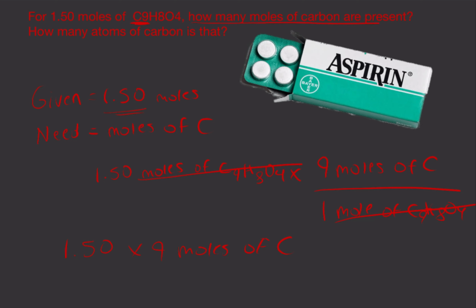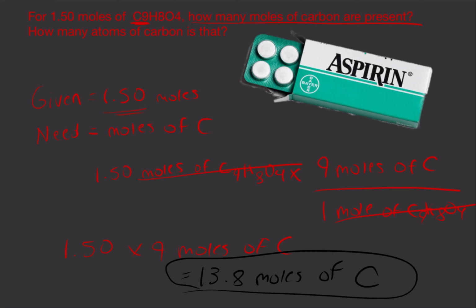How many moles of carbon are present? And that's the first part of the question. So if we were to multiply this, what would we get? Calculator time. We would get 13.8 moles of carbon. And that satisfies the first part of the question.